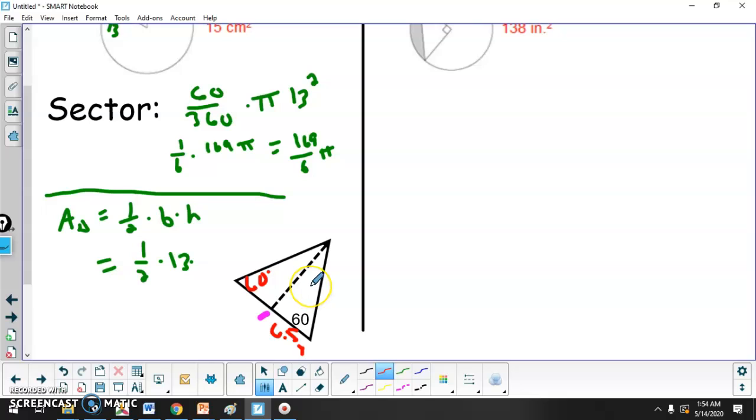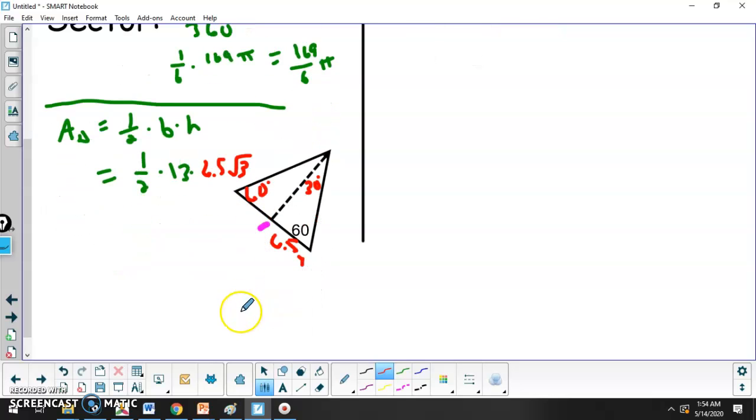So the height is going to be equal to, all right, so let's think about that. So this is 30. 30 goes with 6.5. The height is across from the 60. So that is 6.5 multiplied by the square root of 3.